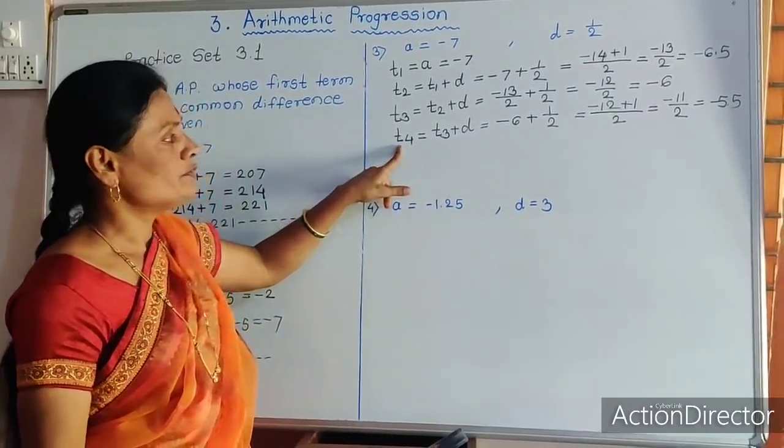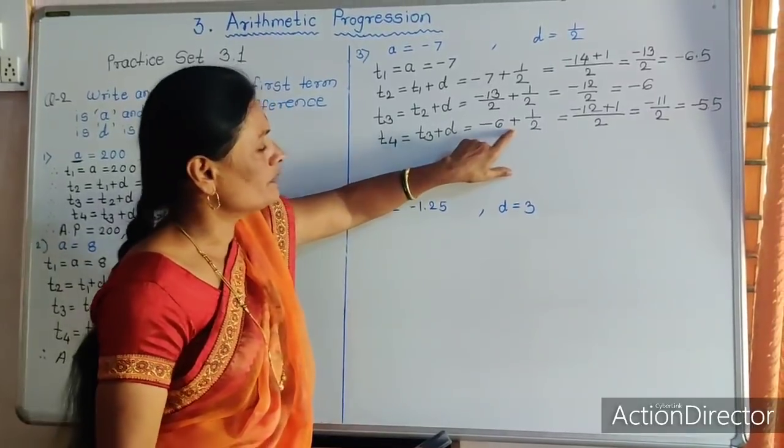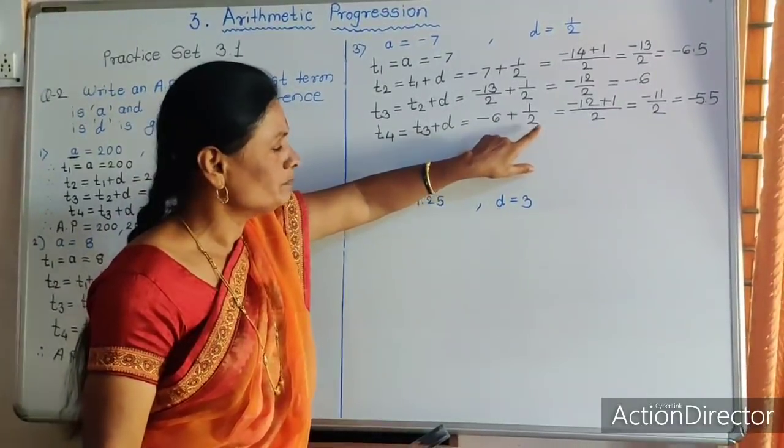Next, T4 is equal to minus 6 plus the common difference D, which is 1 upon 2.